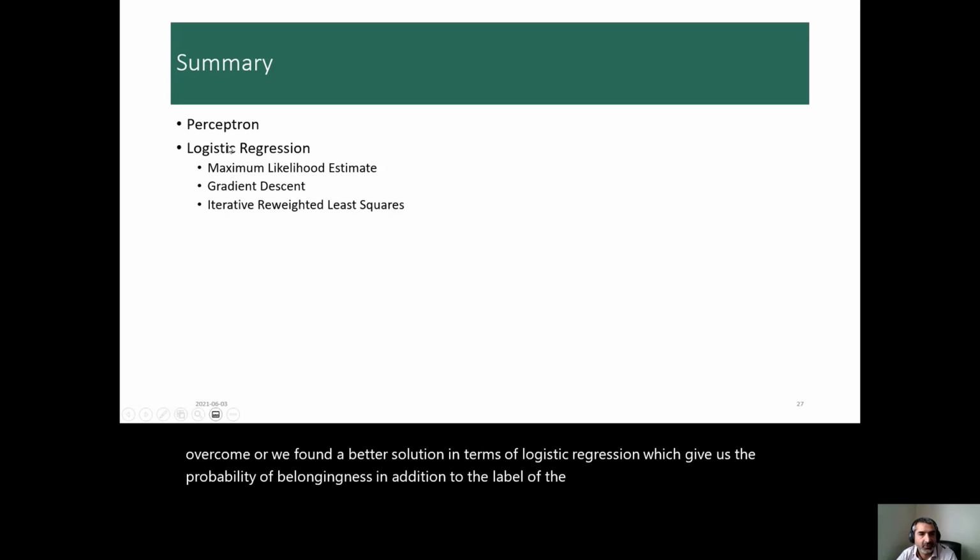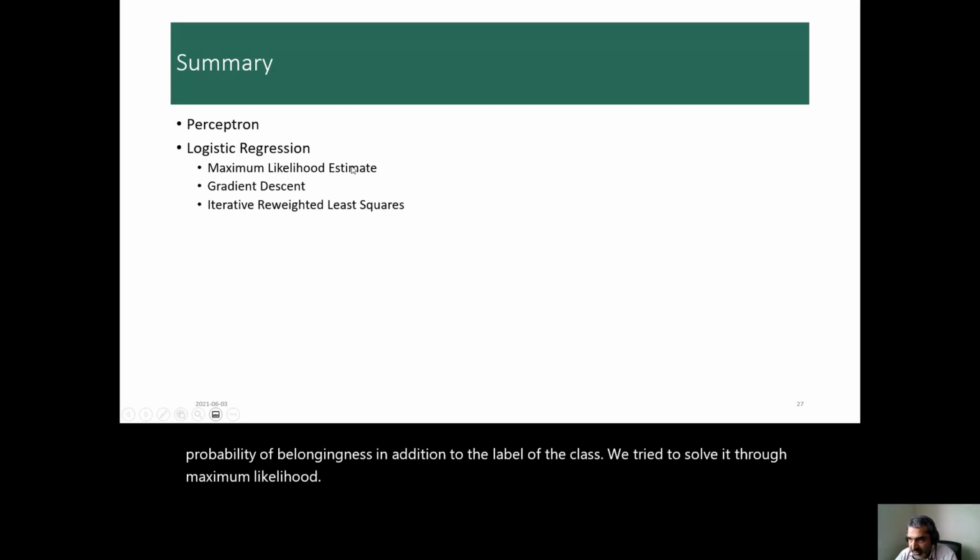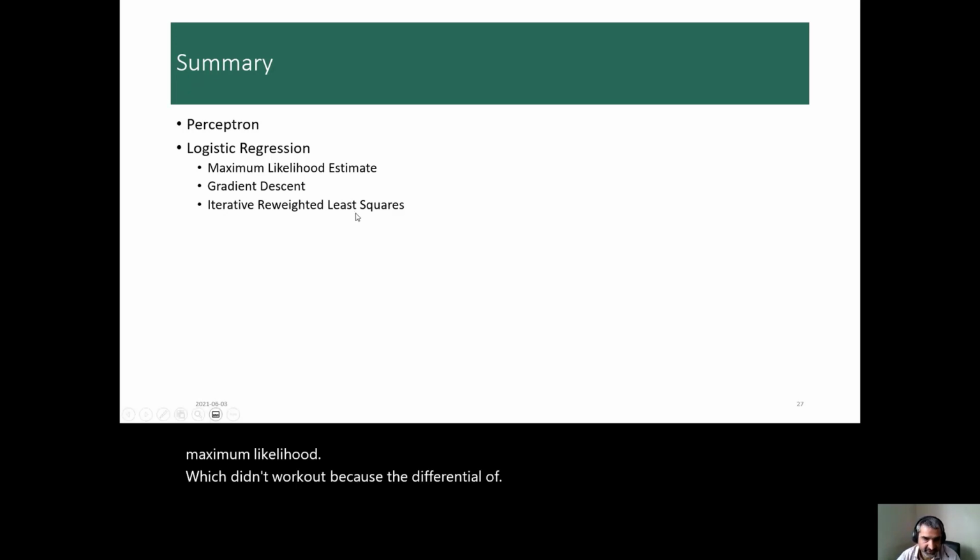We tried to solve it through maximum likelihood, which didn't work out because the differential of the likelihood function depends on W itself. But we could do it through gradient descent and the iterative reweighted least squares way.